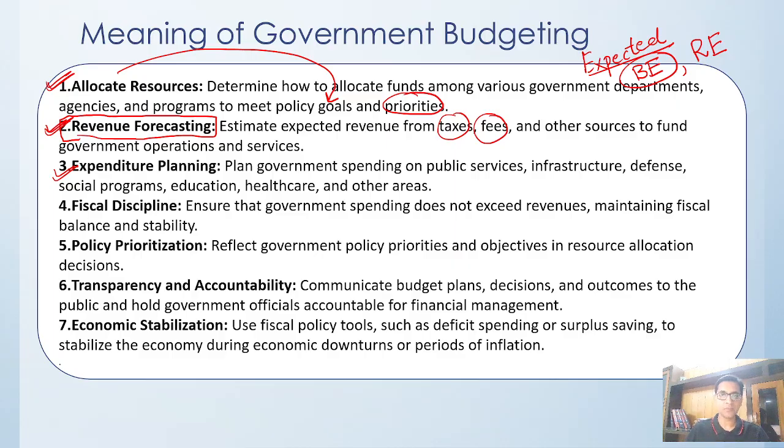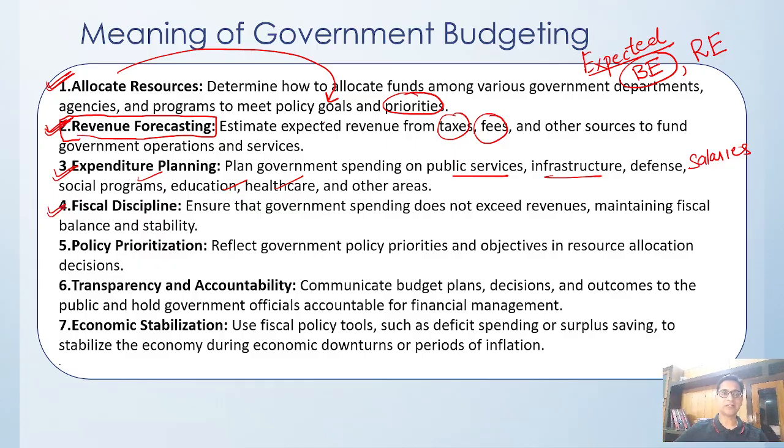Government has to spend on defense, salaries, public services, infrastructure, social programs, education, healthcare, and various other areas.